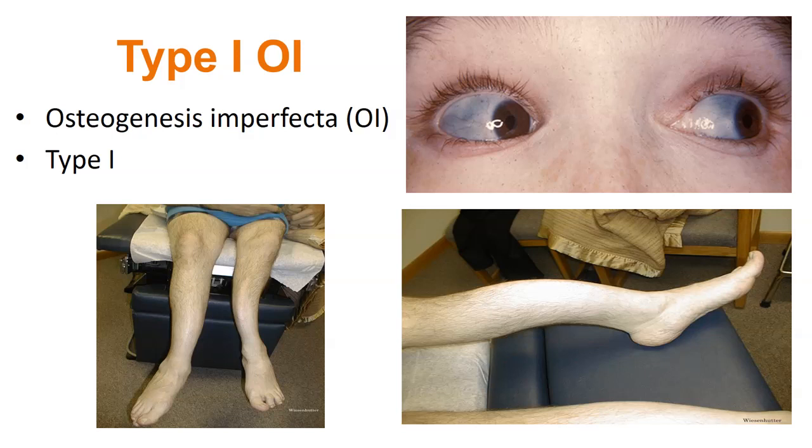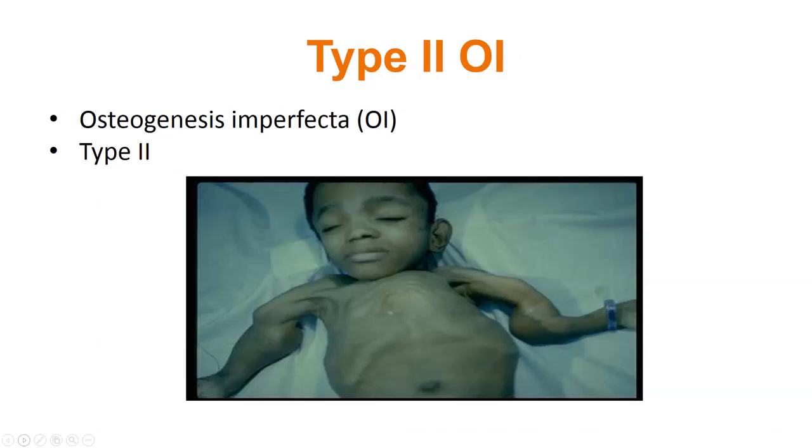You can have some types with dwarfism, for example. So there's the blue sclera, by the way. And then we have the real severe version where this probably happened during childbirth, and consequently, I believe in this case, this child is actually dead. But if not, you can see that they would not survive very long.